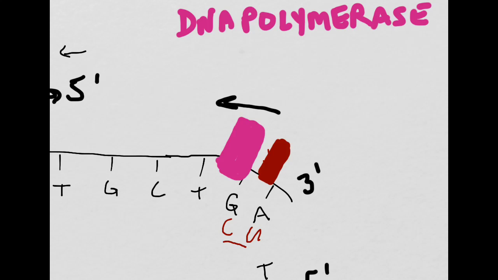The only way it will work, the only way this DNA polymerase will work is in the 5' to 3' direction. That's the only way it will build. The new strand will be built 5' to 3'. It's like a guy with a contract. It's the only way that he's going to work.